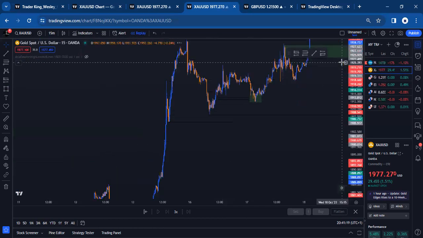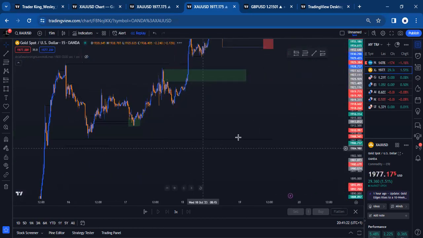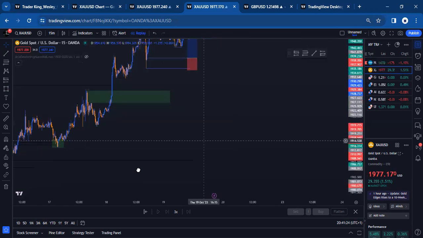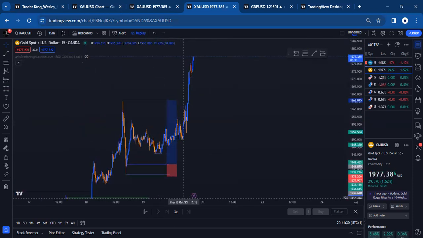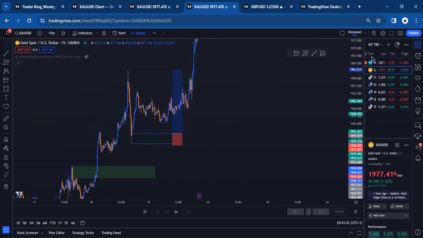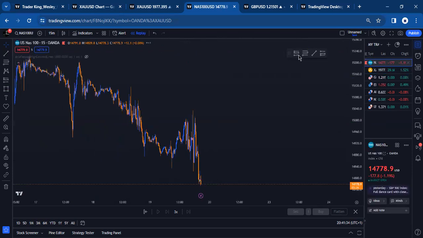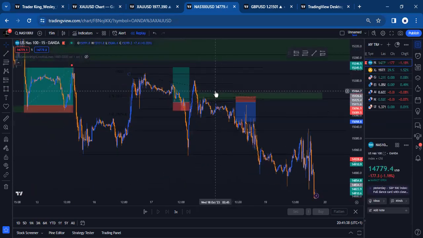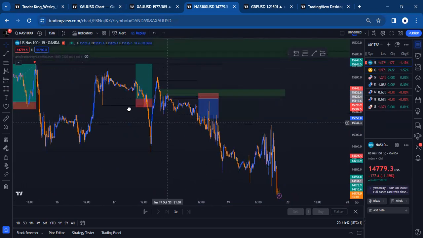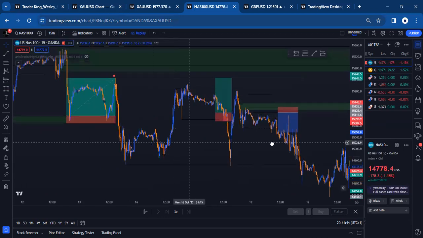Looking for something a little more clear. Let's check Nasdaq. We're on Nasdaq. Looking for something a little more specific on Nasdaq here.